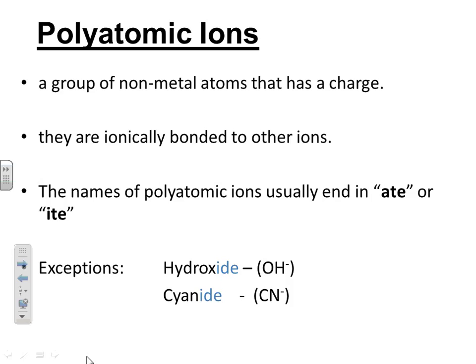Most of our polyatomic ions end in "ate" or "ite", all right? And there are a couple of exceptions. We've got OH with a negative charge, and I like to put the charges on the outside of the bracket. OH minus and CN minus, all right?